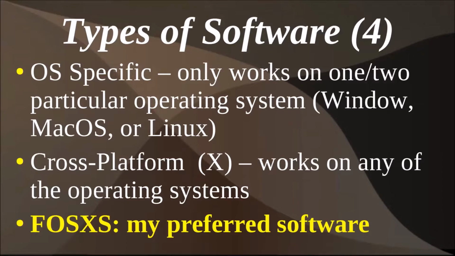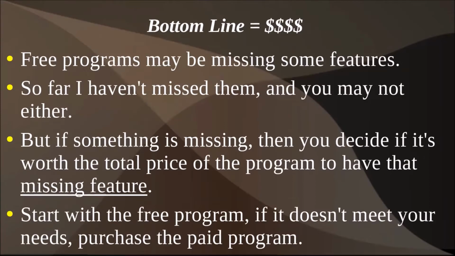So that's the X. So my new jumbled up letters is FOSSX. So we have free open source cross-platform software. And during my presentation, I'm going to have those marked with little yellow asterisks, so you know these are the FOSS ones.